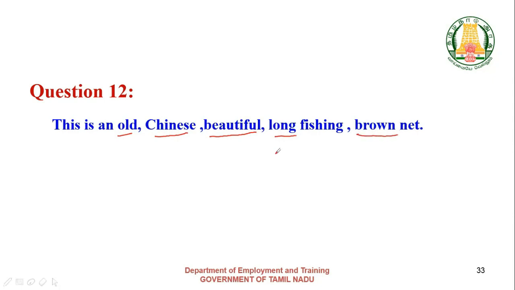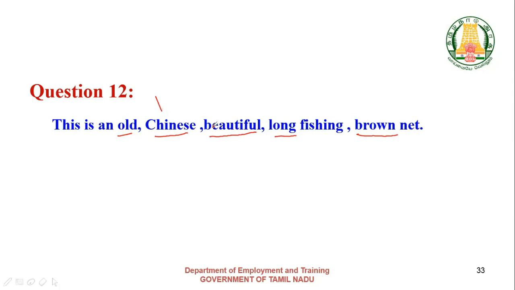In this case, we have to reconstruct the sentence by interchanging the adjectives within the sentence. Can you reconstruct it? Let me number the adjectives in a sequence.